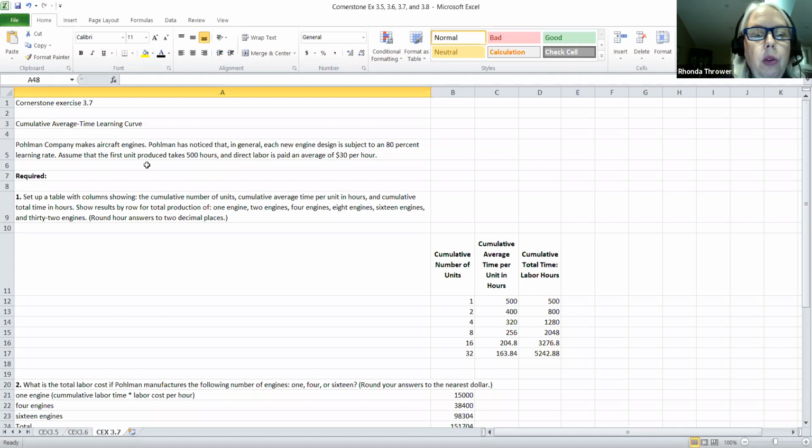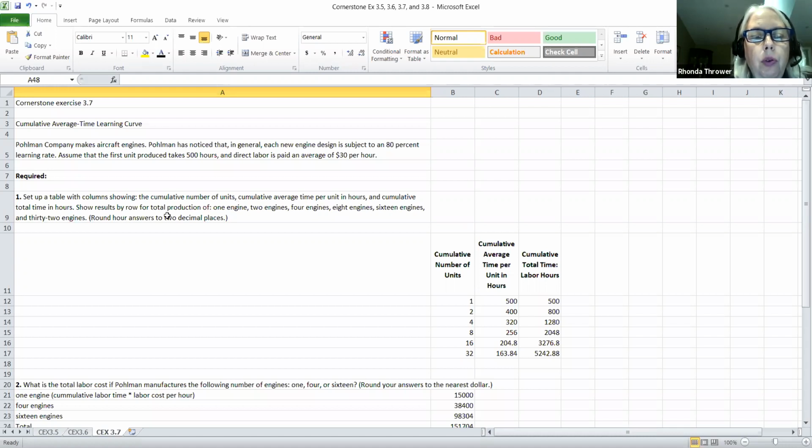We're going to assume that the first unit produced takes 500 hours, and direct labor is paid at the rate of $30 per hour. So these two things we need to keep into consideration when we're doing this. In requirement number 1, they ask you to set up a table with columns showing the cumulative number of units, the cumulative average time per unit in hours, and cumulative total time in hours.